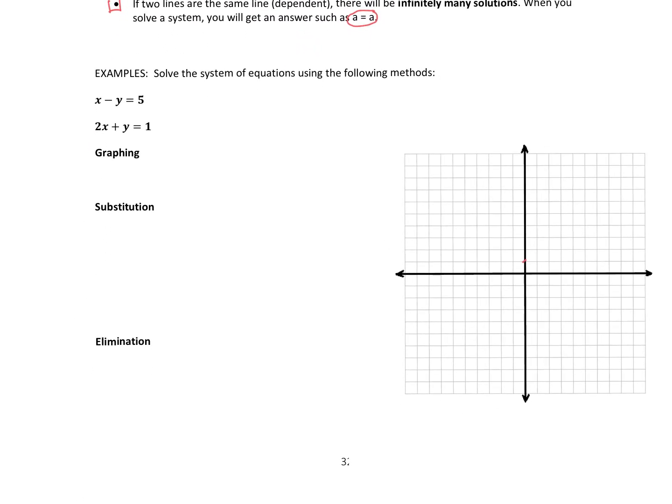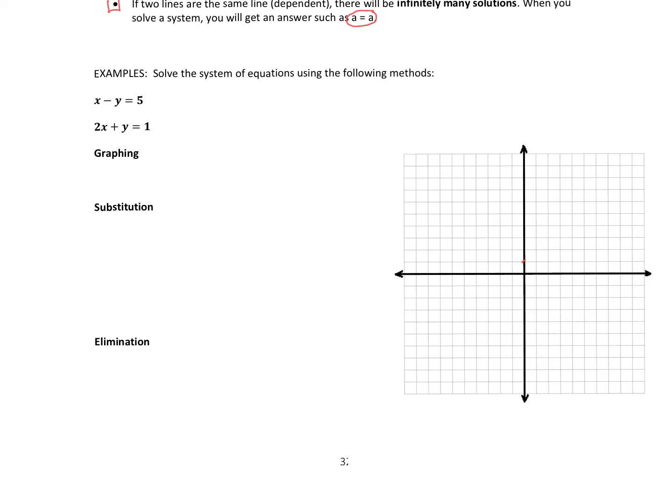We'll start here with this system. Now, sometimes a system will be written with some sort of brackets connecting them together to say these should be solved together. So what we're going to do first is solve these by graphing. That means I want both of these in graphing form. So for this first one, I am going to subtract x from each side and get minus x plus 5.